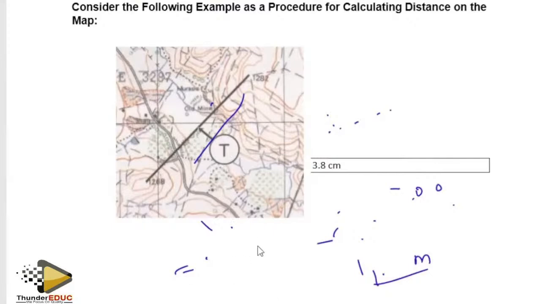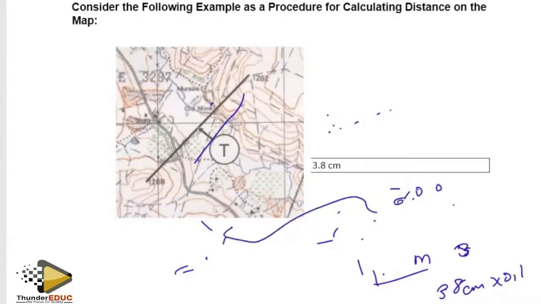You just get the 3.8 in terms of centimeters. Sorry, it will be 3.8 centimeters times 0.1, if you use this method here. If you use this method that I put here, it's going to be 3.8 centimeters times 10,000. So the answer you're going to get, you're going to divide it by 100,000.